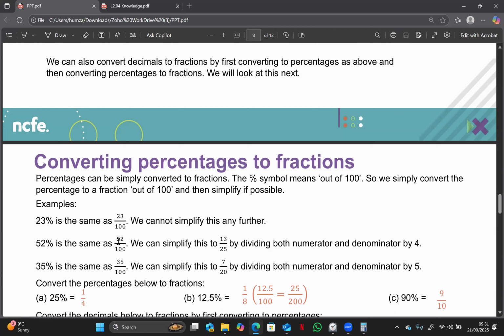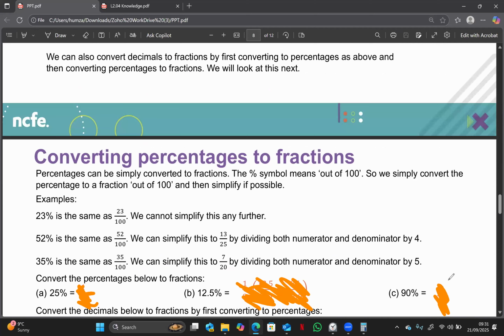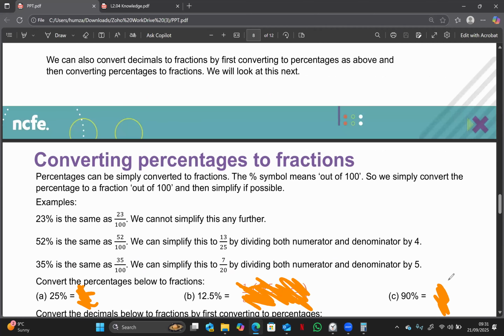So let's look at these next ones, guys. I'm going to ask you this first one. How do we convert 25% into a fraction?